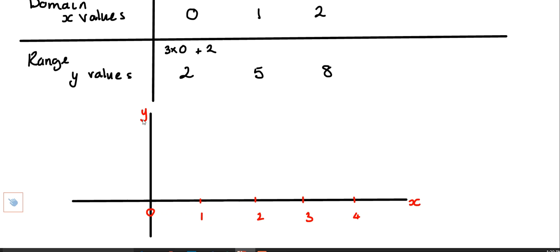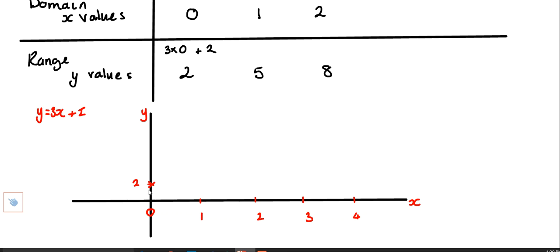They go together. So what would I mark with a 0? 0 has a value of 2 on the y. So I would put a cross to represent the relationship between 0 and 2 in the function y equals 3x plus 2.